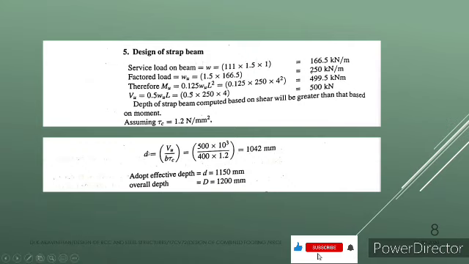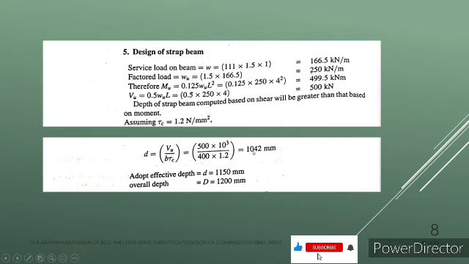let us substitute in this formula, tau c equal to Vu by Bd. After cross multiplication, to find D, Vu here is 500, that is shear force 500 into 10 power 3 in terms of Newton, divided by breadth here is 400, and tau c what we have assumed is 1.2.